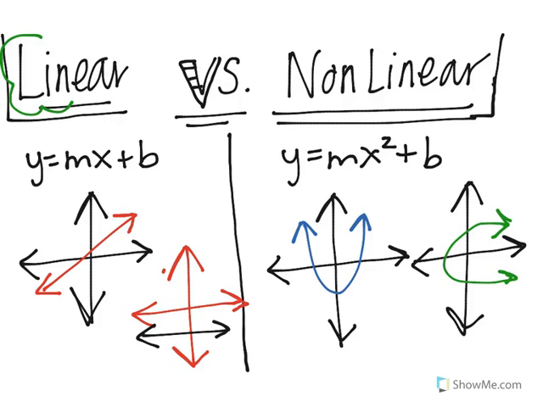Linear just means straight line. So the word line is inside of that linear word, so that means straight line.